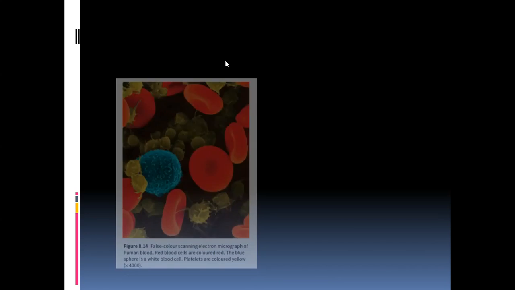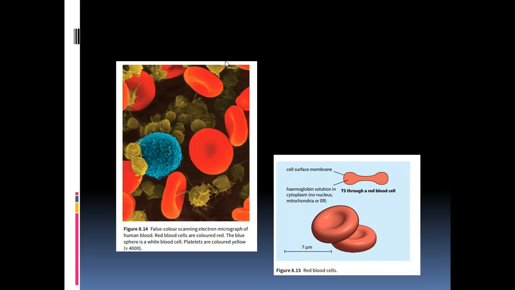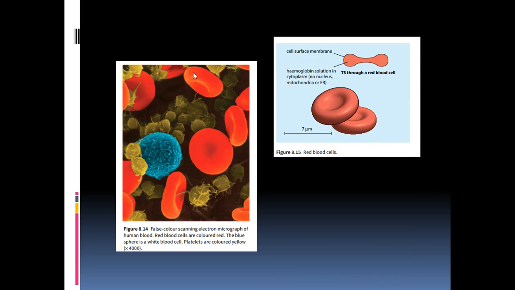So let's look at the first blood cells, which is the red blood cells or the erythrocytes. Their red color appearance is caused by the pigment known as hemoglobin. And the main function of the red blood cells is to transport oxygen from lungs to respiring cells or tissues. Red blood cells are produced by the bone marrow, and they have a very short lifespan of about 4 months or roughly 120 days.